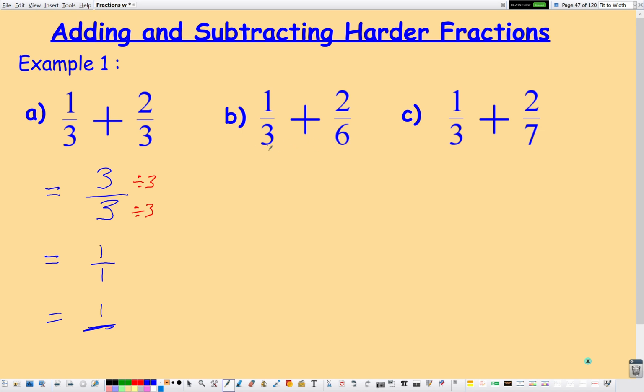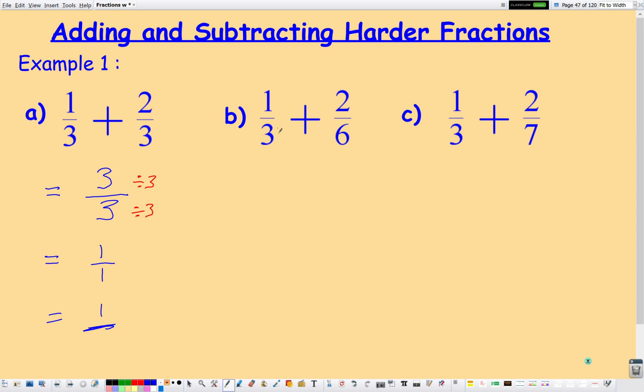Now we cannot add these yet because they do not have the same denominator. So I'm going to need to do something in order to get two fractions here that have the same denominators. Now I hopefully remember from equivalent fractions that I can multiply the top and bottom of a fraction to form an equivalent fraction, and it doesn't change the value of it, right?